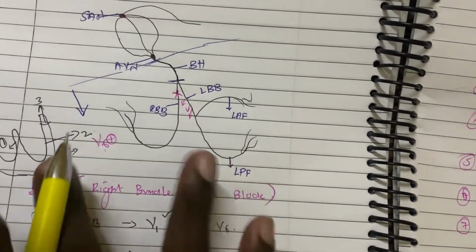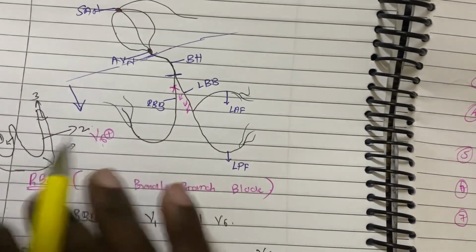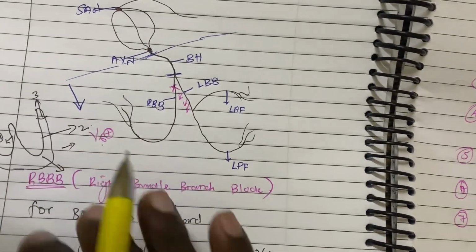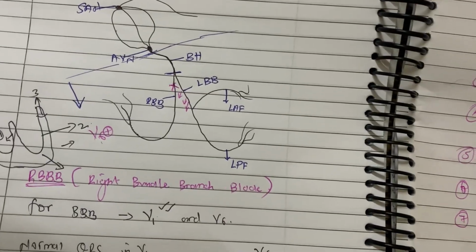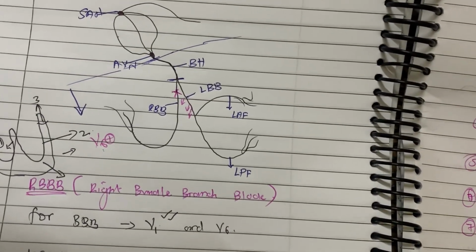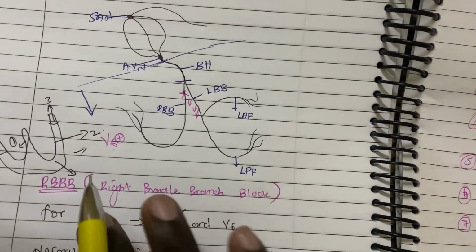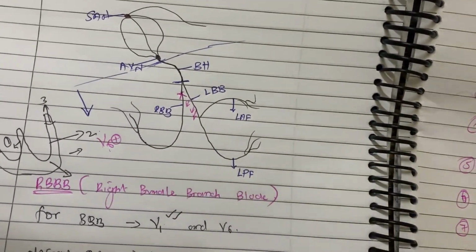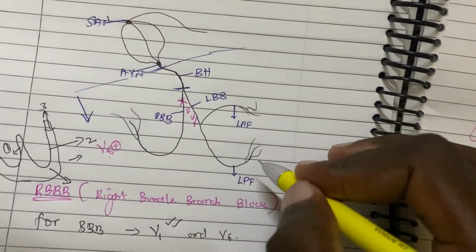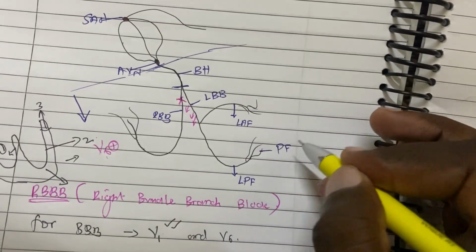So whatever it has to depolarize, it does through other means. And which other means? They are non-specialized conduction tissue. Those are myocardium. They can conduct but very slowly compared to if it passed through the normal conduction system, that is bundle branches and Purkinje fibers. So these are Purkinje fibers again.